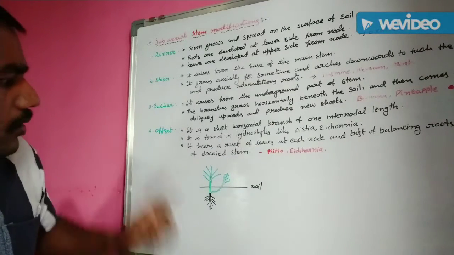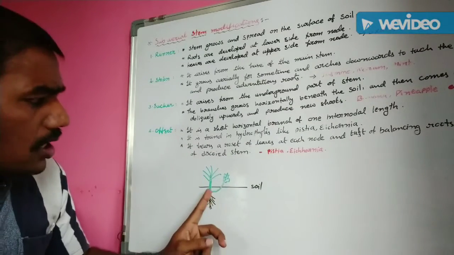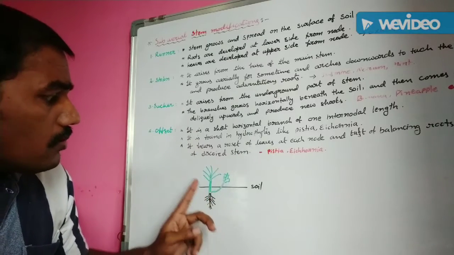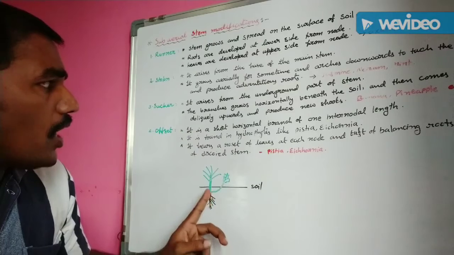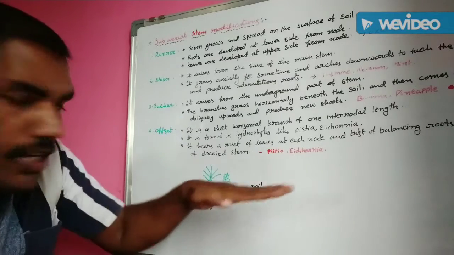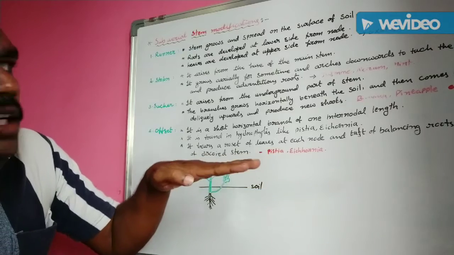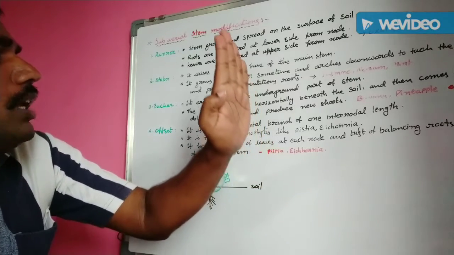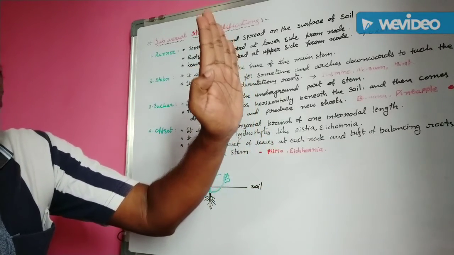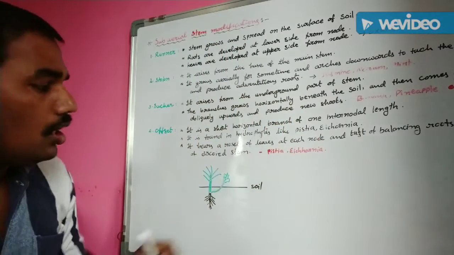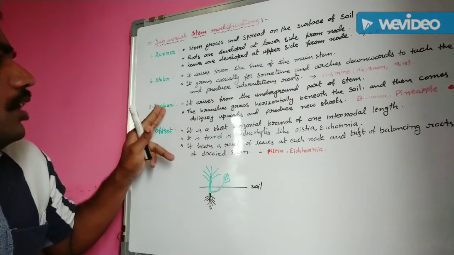Basically, these branches arise from the underground part of the stem, grow first horizontally beneath the soil, then come up obliquely upwards and produce new branches or new shoots. These branches are known as suckers.